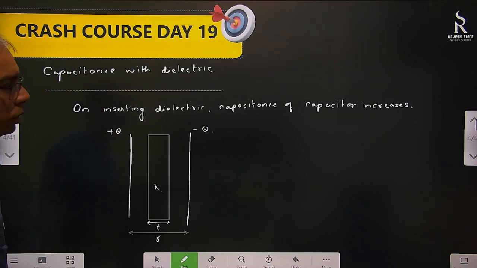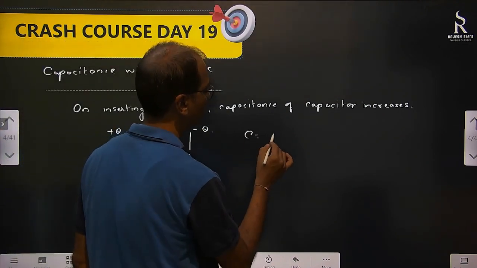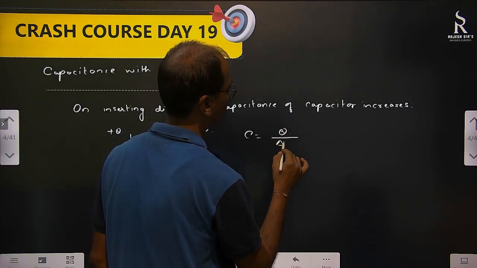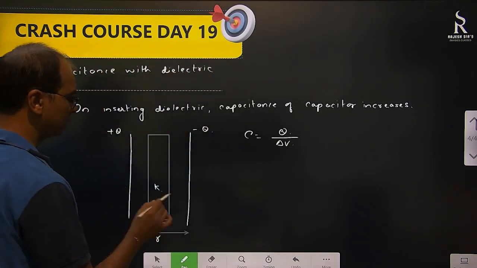For capacitance, we have to write C equal to Q by delta V, so we have to find the potential difference between these two plates.